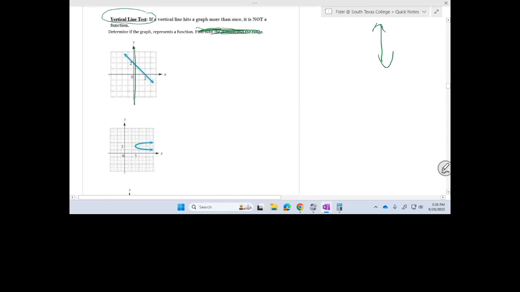We're going to draw a line that goes up and down in that graph. Okay, there it is. There's my green line. The vertical line test says if the vertical line hits the graph more than one time, it's not a function. How many times did we intersect that line? Just one time, right? I drew the line, I hit it once. Hey, it was only one time, y'all. Then what we have is a function, okay?